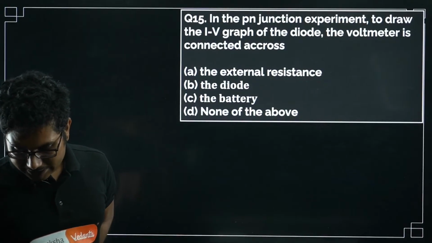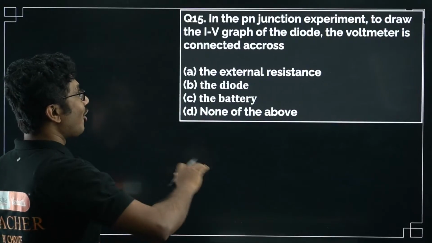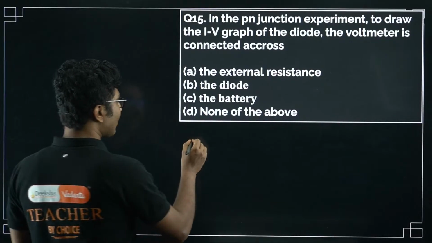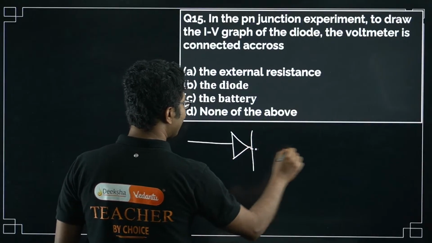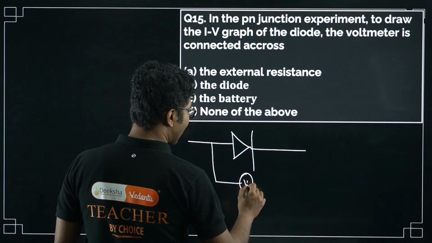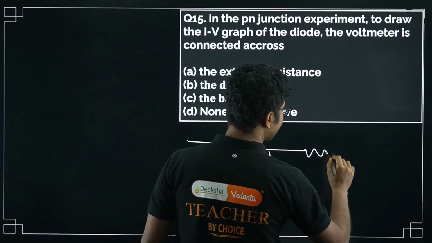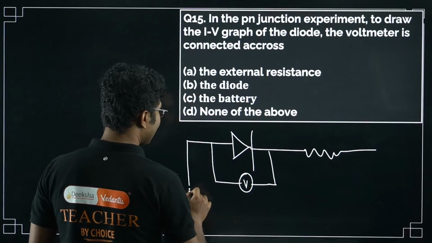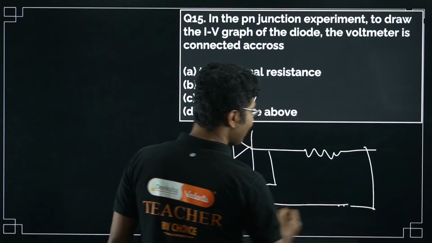Uday is saying 15A. Now that is not the case. In the case of the PN junction graph, you want to find the voltage across the diode only, not the external resistance. You are trying to measure the PN junction graph, right?